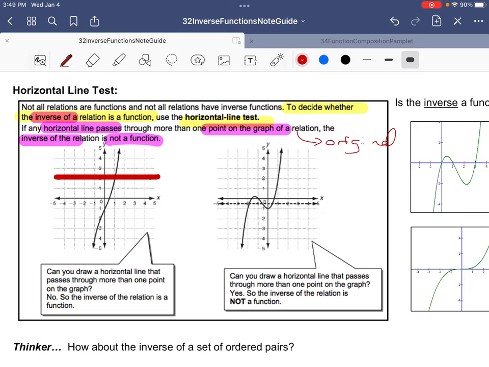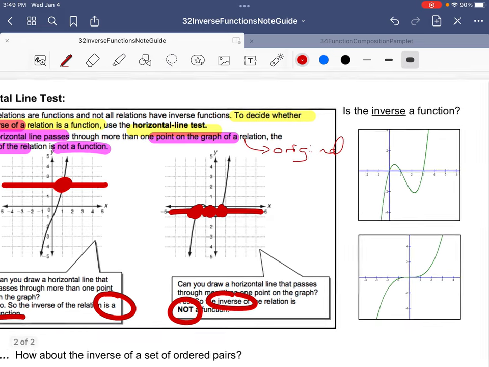So how about our first one here? Does it pass the horizontal line test? Yes, it passes. So that means the inverse is a function. How about this one? Does it pass? No, it doesn't pass. It touches at 3 points. That means the inverse is not a function.